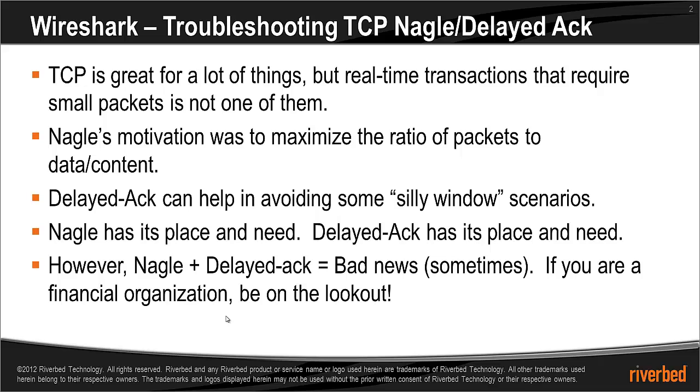The third bullet there is delayed acknowledgement. And obviously, everybody understands delayed acknowledgement. What you may not know is that it also helps in avoiding what's called the silly window scenarios. And what's a silly window scenario? Well, imagine you're the receiver and your window's full and you have 5 or 6, maybe 10 bytes that open up.